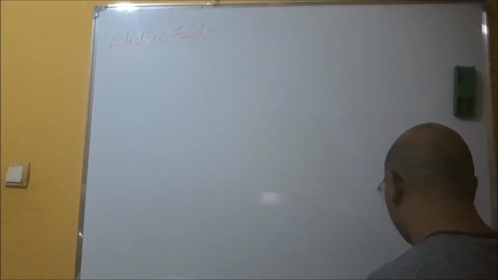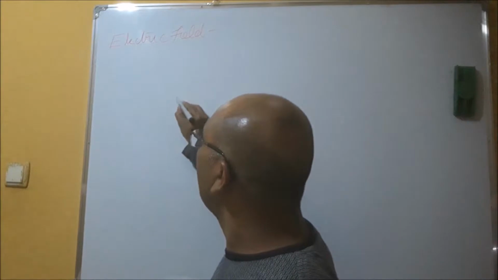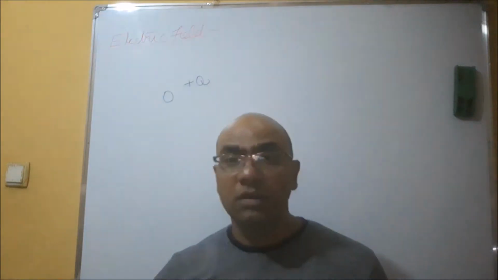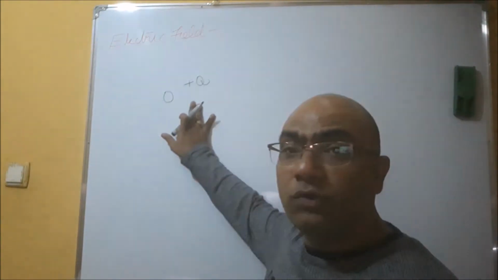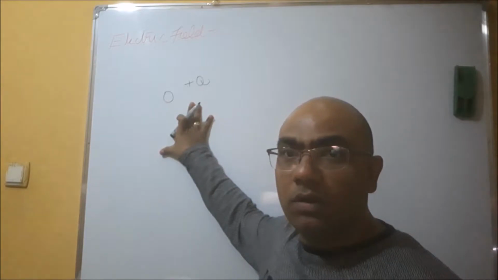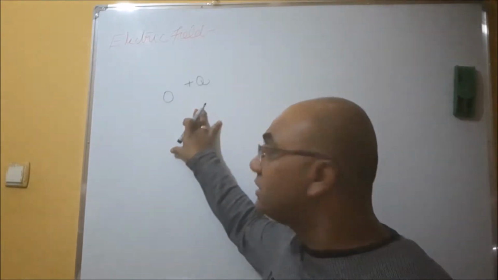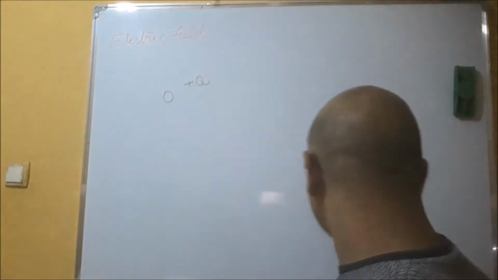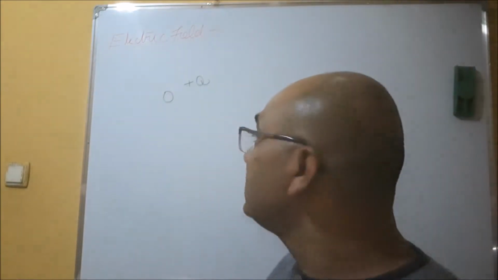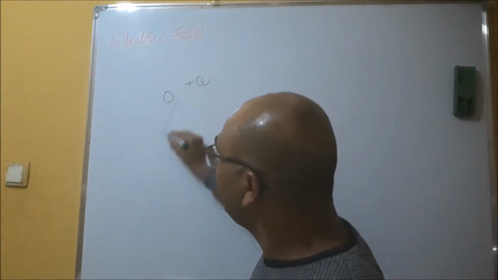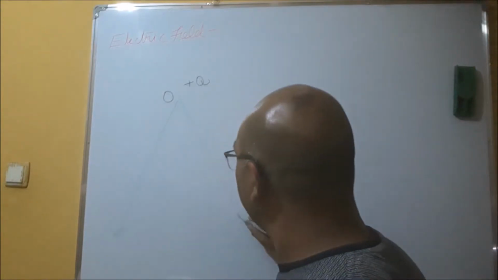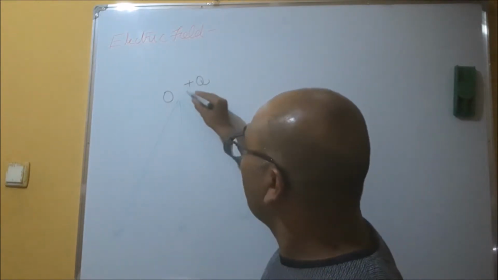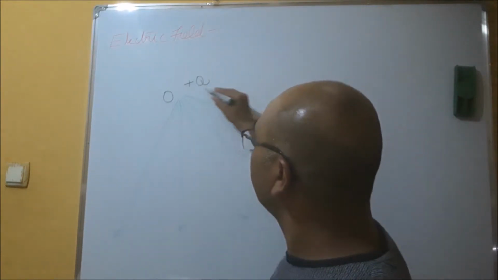Suppose there is a point O, and this O has a charge q. This is a point charge, so we can assume that its negative charge is placed somewhere at infinity. If its corresponding negative charge is placed at infinity, it means the electric field lines will start from this point charge in all directions radially, right?